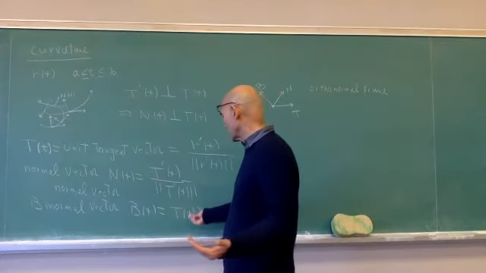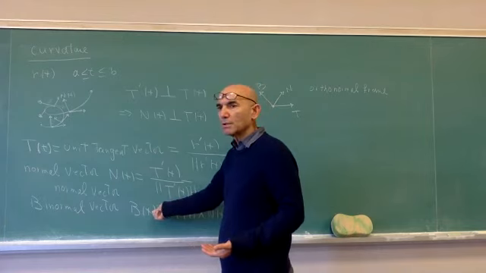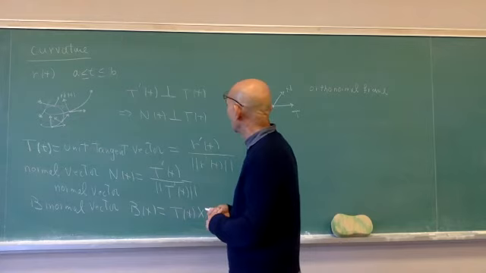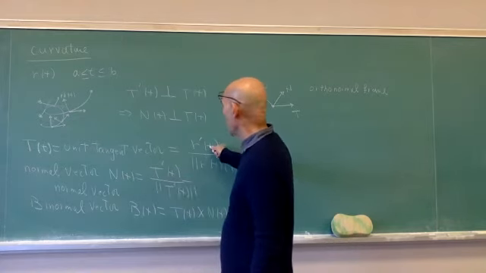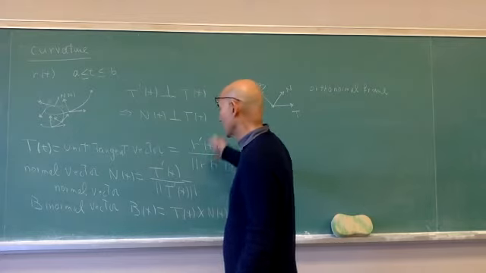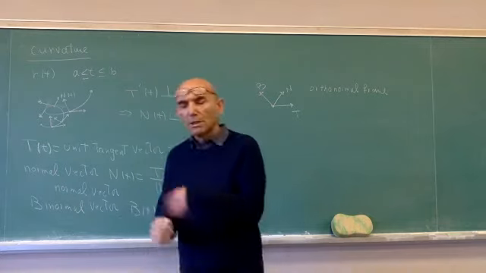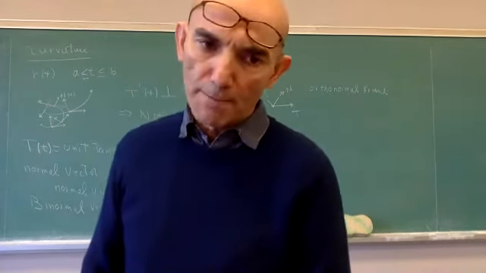You just find T, you just find N, and then you know how to do the cross product, and you've got the binormal. There is a little bit of difficulty in finding N because you have to normalize the velocity r prime to find T, and you may get some extra factors, but that's okay. Then you differentiate, normalize, and do the cross product, which you can do. So that's not a problem.